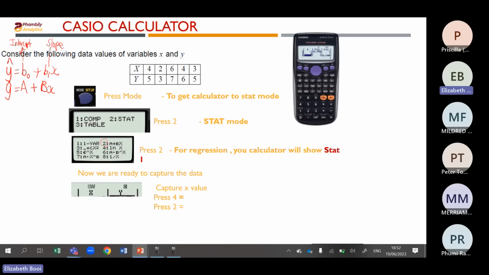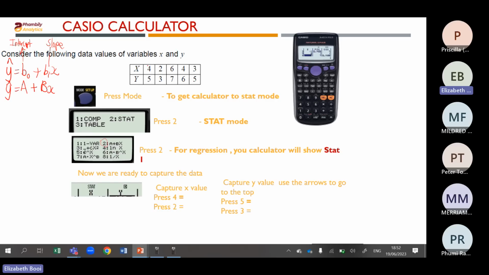Then we're going to use the arrows to go to the right, and then go up until you get to the first one, and then you start capturing the Y values. You're going to enter 5 equal, 3 equal, 7 equal, 6 equal, 5 equal.